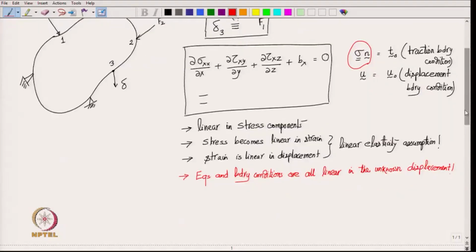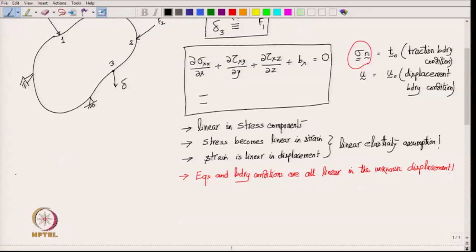Okay. But then you can recall from first year mathematics, if the equations are linear in the unknown, and suppose that you have a forcing term in the equation, and if you double the force, then the unknown also becomes double. If you triple the force, the unknown also becomes triple. That is because the equations are linear, right. So, for example, think of this spring mass problem, m x double dot plus k x is equal to some force f of t.